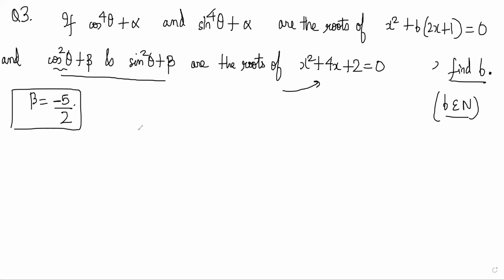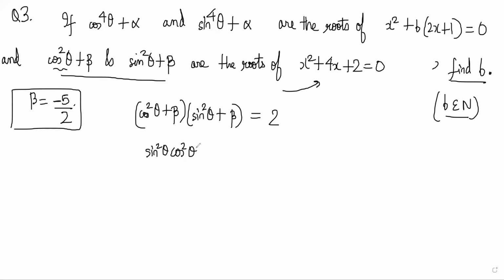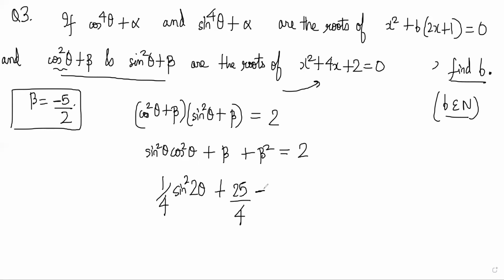If you do product of roots, you get sin square cos square theta plus beta common, sin square plus beta cos square, so beta plus beta square, plus beta square, and then put beta. 1 by 4 sin square 2 theta plus 25 by 4 minus 5 by 2 is equal to 2.